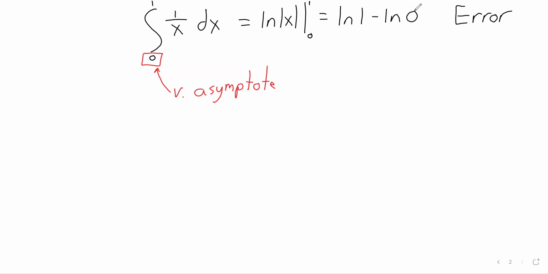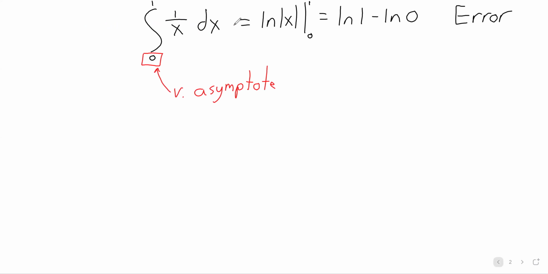And when you have an integral like this, where there's a vertical asymptote at one of the limits of integration, or just a vertical asymptote in the middle of the interval, it's called an improper integral.